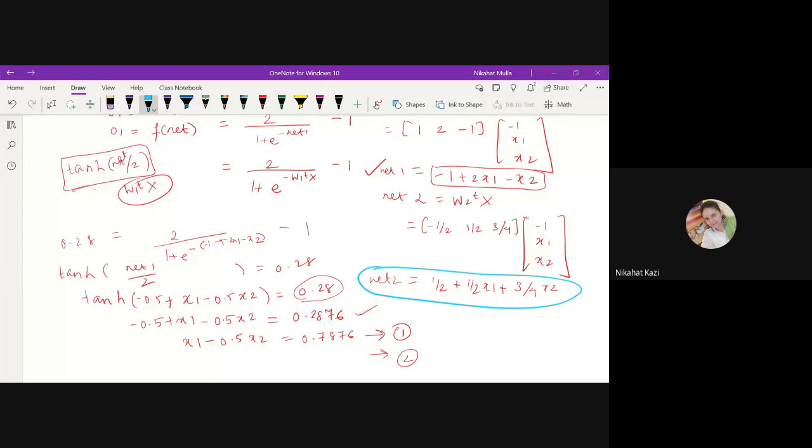If you're used to using an engineering scientific calculator, I think you will be able to also solve linear equations if you don't want to solve it by hand. You know how to solve linear equations using your calculator, right? Linear, quadratic, whatever.